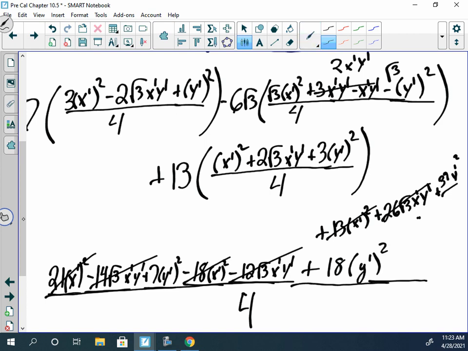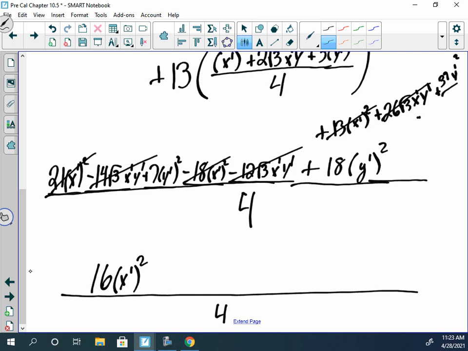Got rid of those, remember? So 7 plus 18 is 25, plus 39.